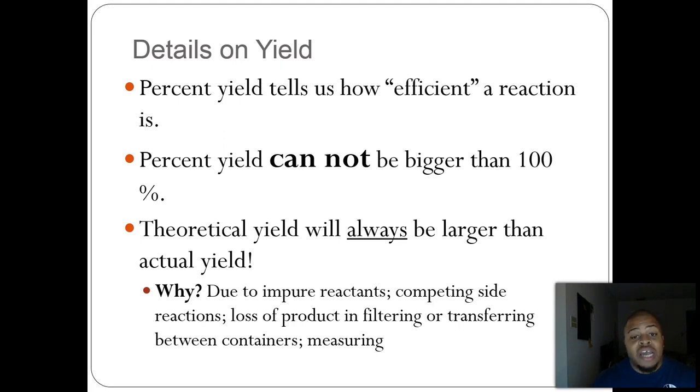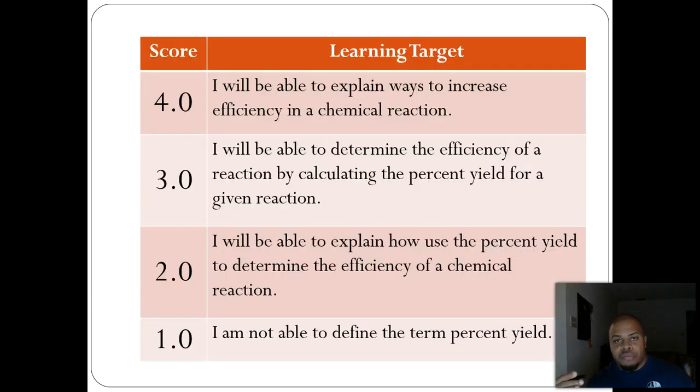We also have some side reactions that are going on, and depending on how we're actually separating out our materials, we can have loss of product in filtering and transferring containers. This will always sort of give us that less than 100%. But if we can minimize these things and we can get higher and higher in terms of our yield, we have a better chance of being able to make money off of our product, whatever it should be.